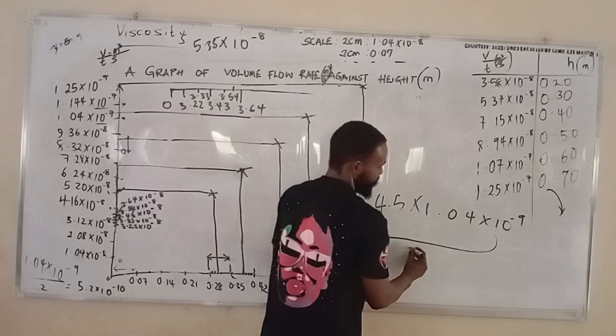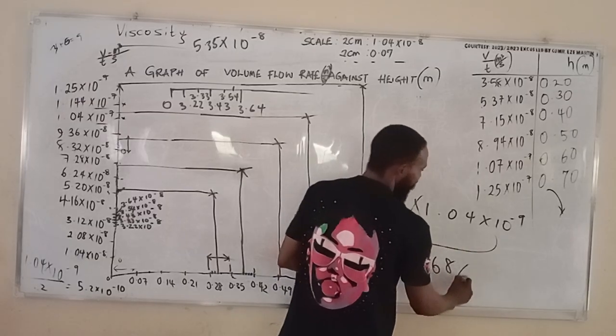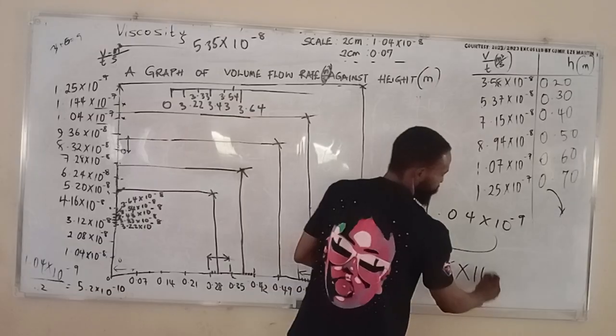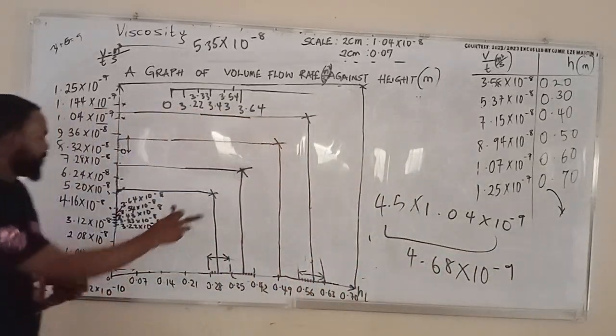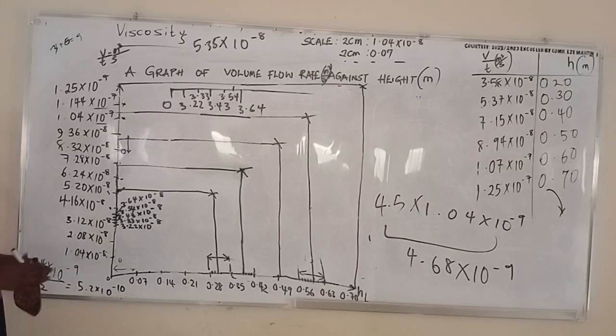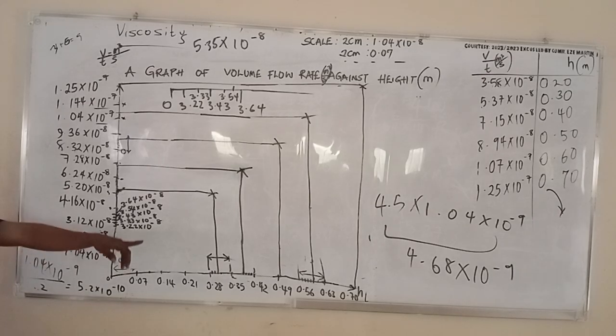What did you get here? 4.68 times. Like this? Yes. Do for me that thing you have there, plus this. What do you have? See, I said 4.68 times 10 raised to power minus 9, plus 3.12 times 10 raised to power minus 9.